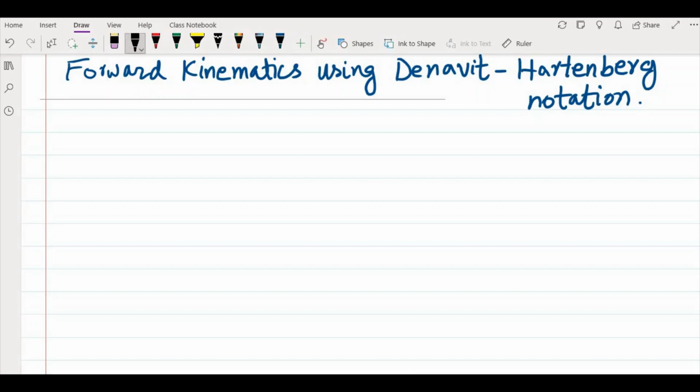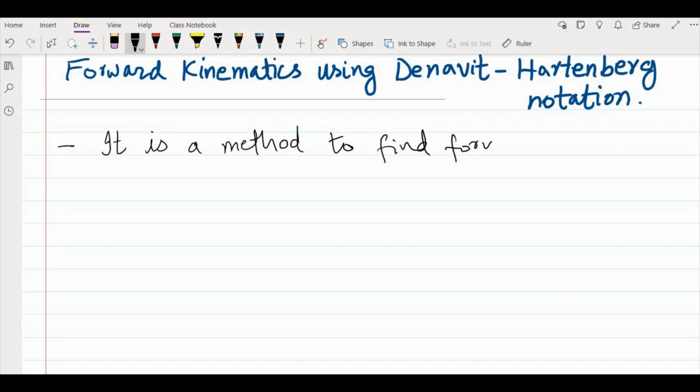So what is this Denavit-Hartenberg notation, and how can we use it in calculating the forward kinematics of your robotic arm? First of all, this is a method to find forward kinematics.